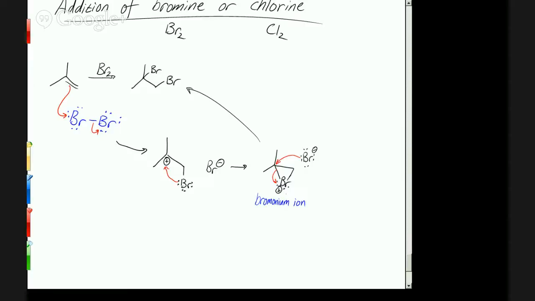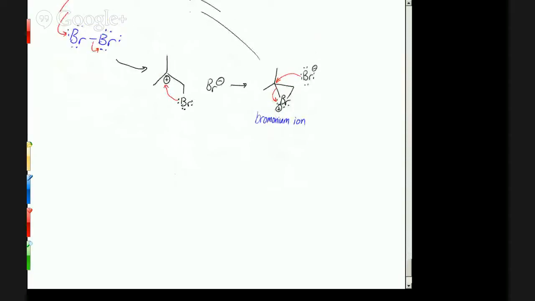The reason that we draw it that way, instead of just showing the bromide coming into the positive charge, is that this has stereochemical significance. Let me show you what that is. I'm going to build a little model of it first, and then we'll see how that happens.